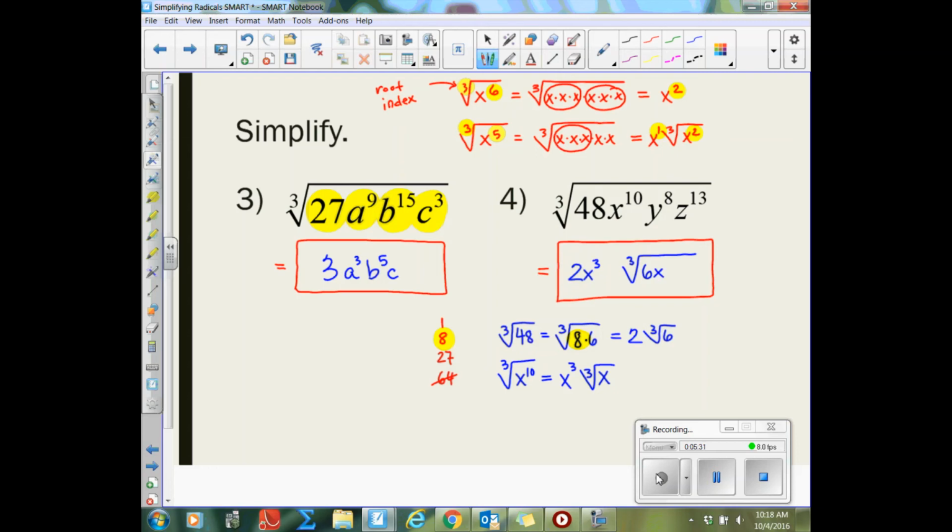Now we'll think about y to the 8th. 8 divided by 3 is 2, remainder 2. Finally, the z factor. 13 divided by 3 is 4, remainder 1.